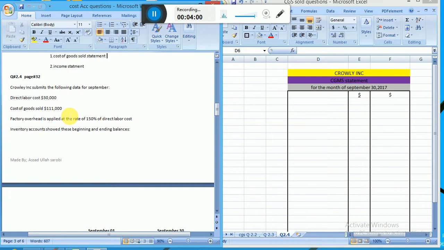But keep in mind, dear students, that if in a question something is given in the cost of goods manufactured or sold, like here CGS is given, or cost of goods manufactured is given to you, or manufacturing cost is given to you, and the rest of the things are not given, then we will find the remaining amount of the missing items by solving the question by the reverse method.